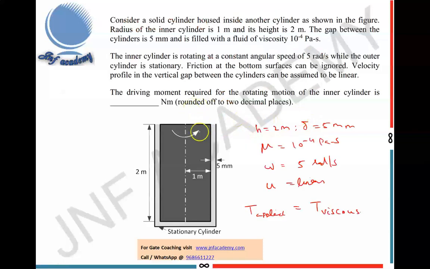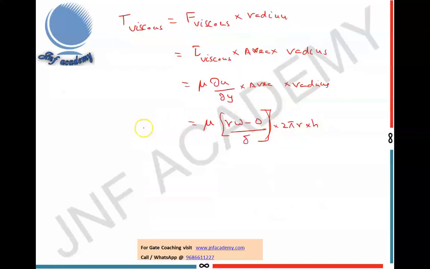So the area is this entire perimeter area into this length. So 2 pi r into h, into again the radius for the torque calculation. So now in this equation we almost know everything. Mu into r omega by delta into 2 pi h into r square. So in this equation it is very clear that we know everything.